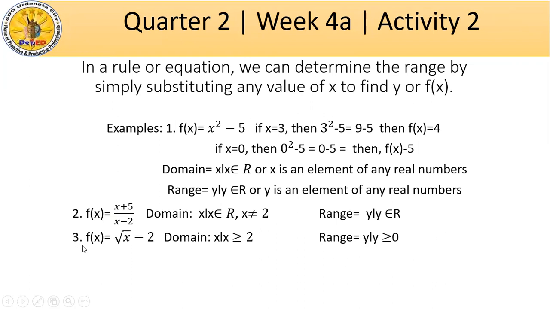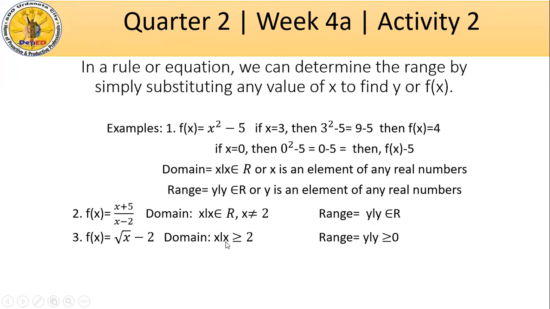For number 3, f of x is equal to the square root of x minus 2. Here, our domain should be x such that x is greater than or equal to 2. Why? Because if we substitute 2 here, 2 minus 2 is 0, and the square root of 0 is 0.